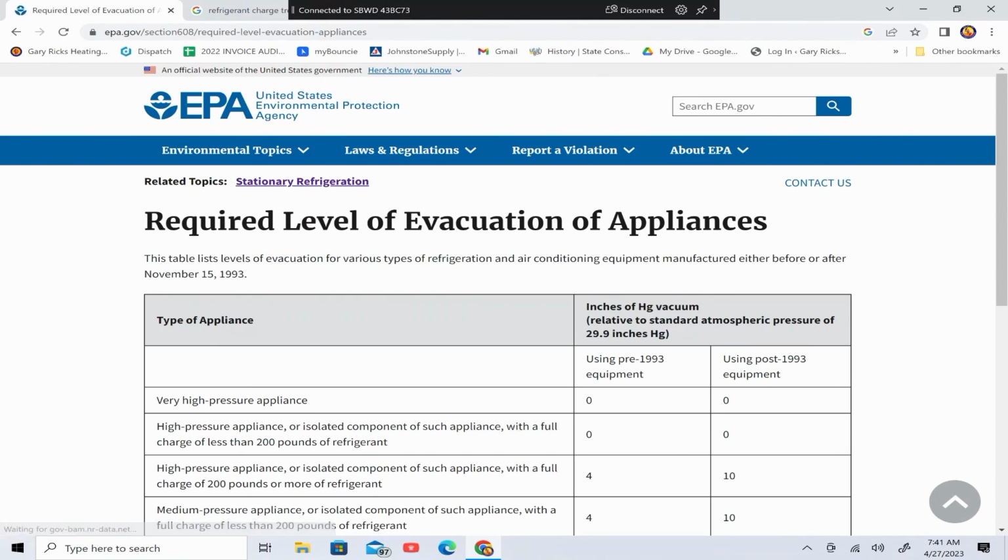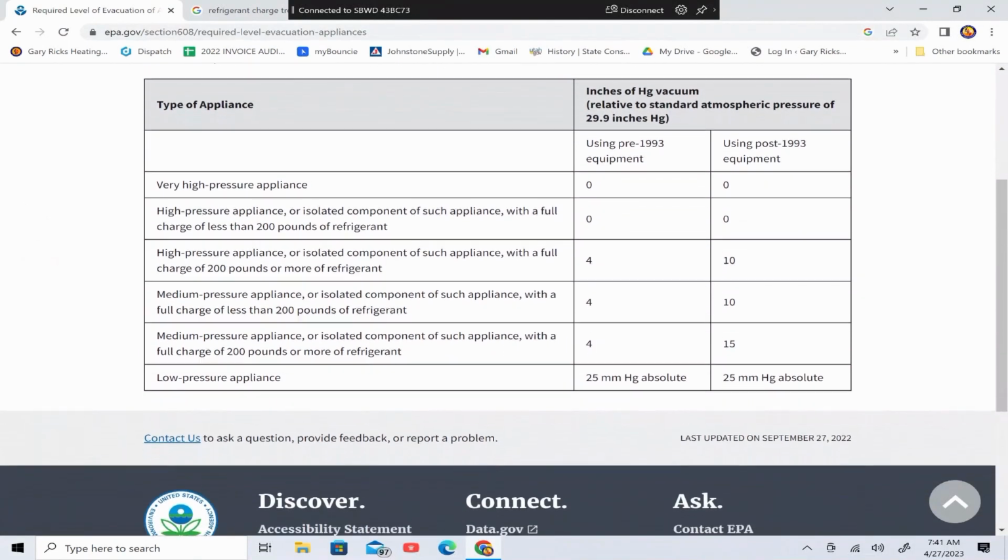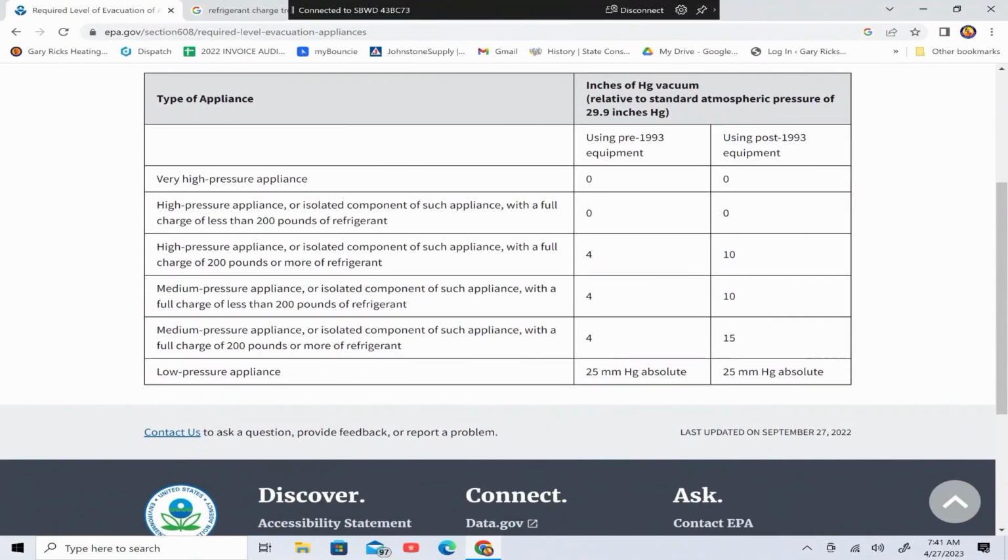Okay, so very high pressure appliance, 0. High pressure appliance or isolated components such as an appliance with full charge less than 200 pounds of refrigerant, 0. That's us. So 0.